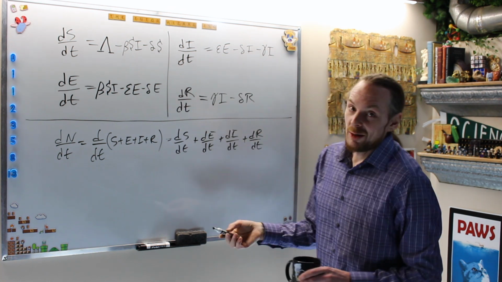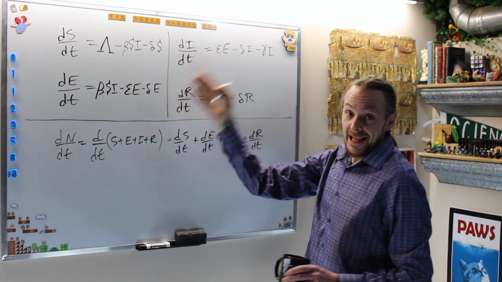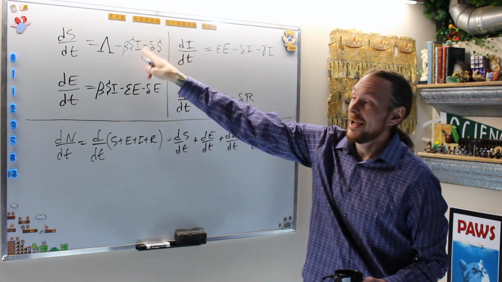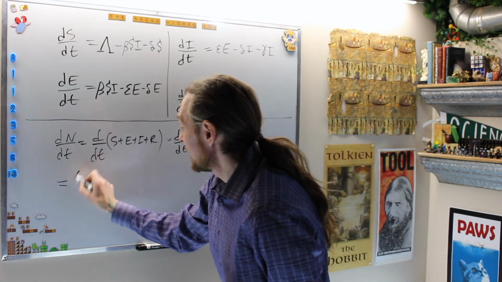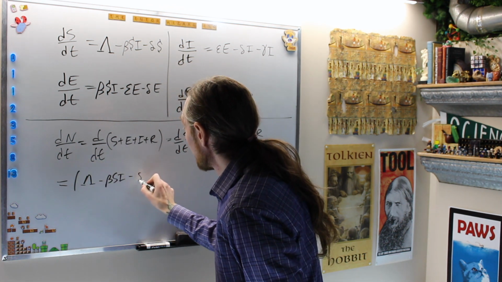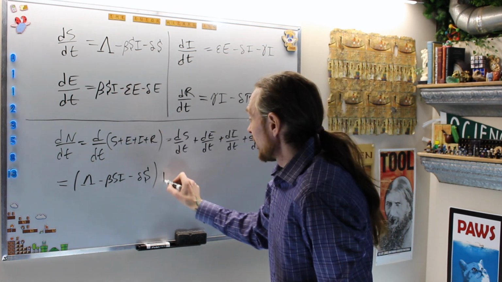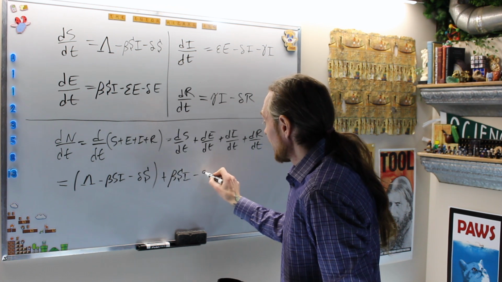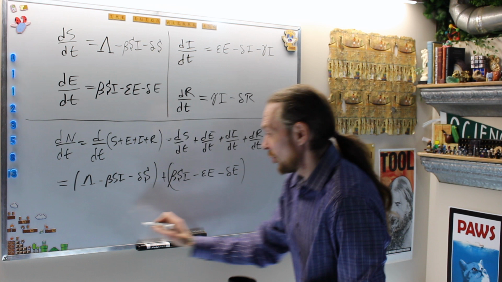A few minutes ago I was saying, notice that this one is negative and that one is positive, and everything's going to cancel because now we're going to add those. We have expressions for those, so we're going to put them in there. dS/dt is lambda minus beta S I minus delta S, plus dE/dt, which is plus beta S I minus epsilon E minus delta E. Oh, we're going to have to use the whole board.